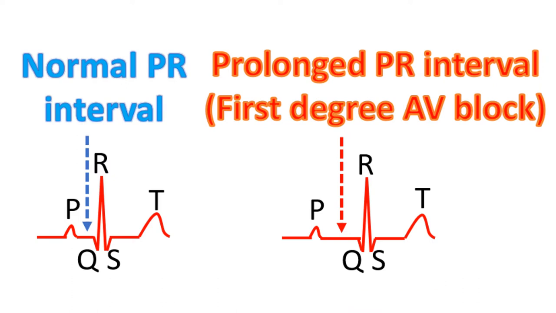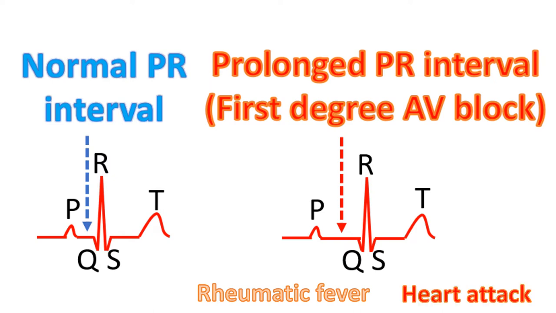First degree AV block can sometimes be a manifestation of diseases like rheumatic fever, a disease which affects predominantly the joints and the valves of the heart. First degree heart block can also occur in a heart attack involving the lower part of the heart known as inferior myocardial infarction.